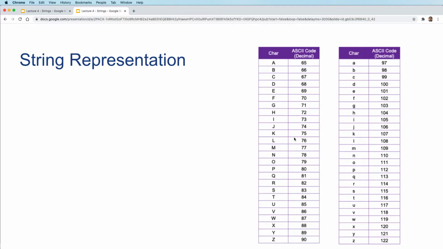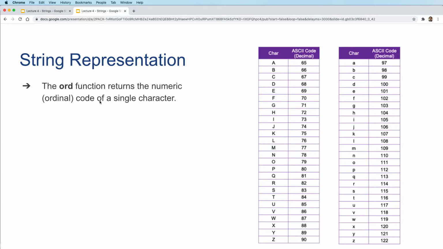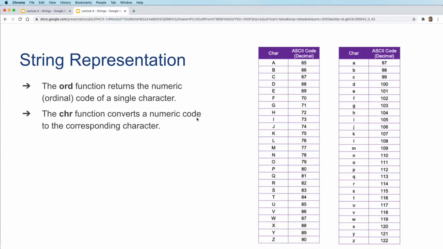Now, having both the uppercase and lowercase letters here, we can introduce the ORD function. With the ORD function, we can return the numeric or ordinal code for a single character. And with the CHR function, we can convert a numeric code to the corresponding character. Here are some examples.